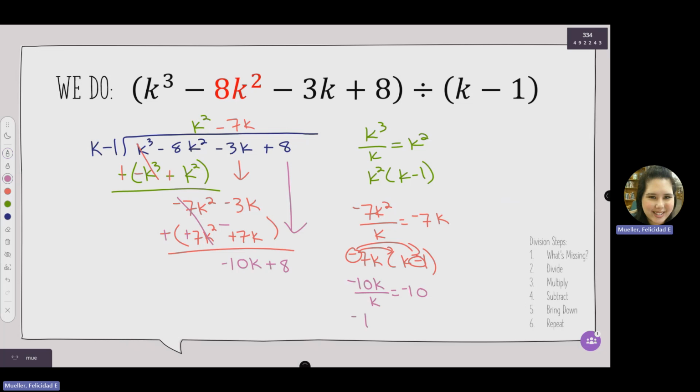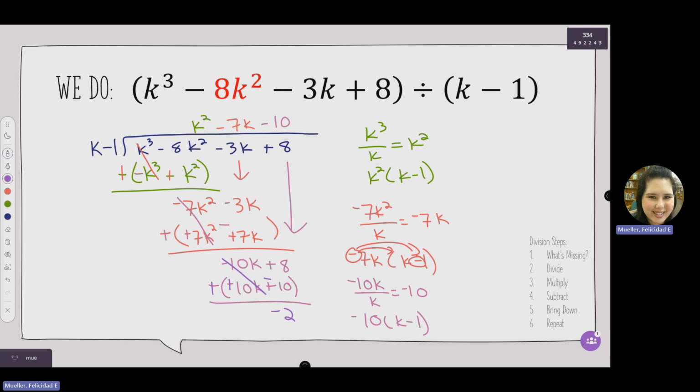So we're going to multiply by negative 10. So minus negative 10k. Negative 10 times negative 1 is positive 10. So our negative 10k's cancel out. Again, we're going to switch these signs. My bad. 8 minus 10 is negative 2.